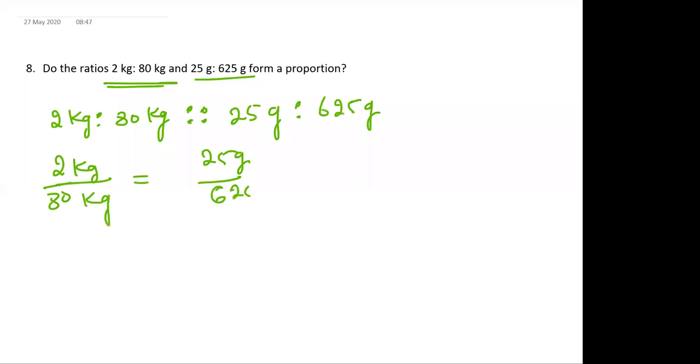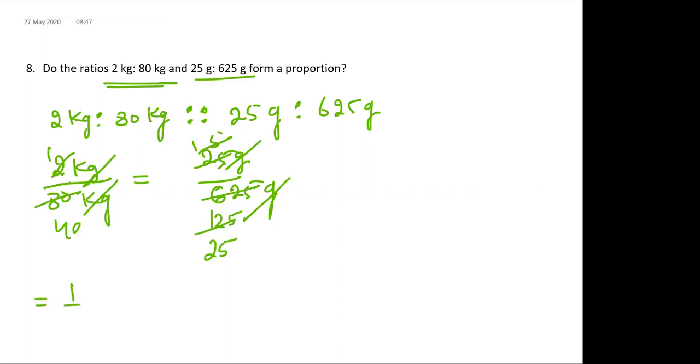Gram cancels, kg cancels. You will get 1 upon 40 here and 1 upon 25 here, and they are not equal to each other.